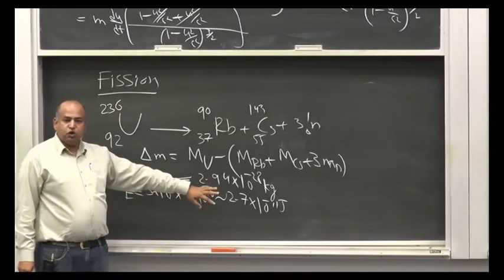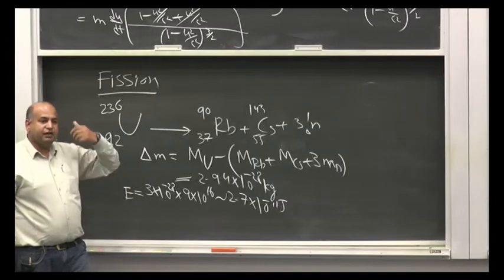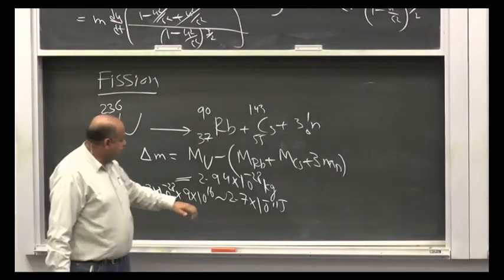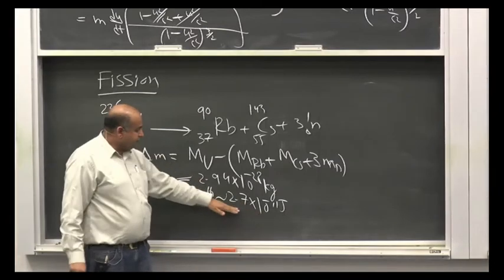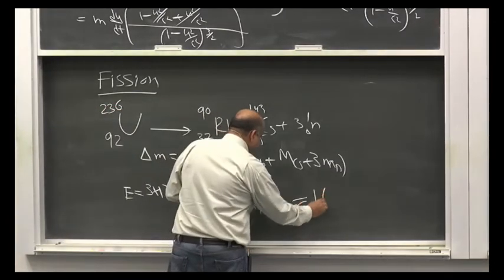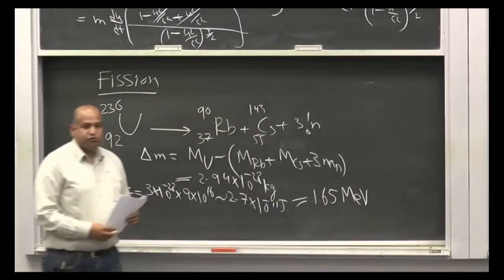So we don't work with joules, we work with electron volt. An electron volt is equal to 1.6 into 10 power minus 19 joules. So आप इसको 1.6 into 10 power minus 19 joules से divide करें, you get 165 mega electron volt.